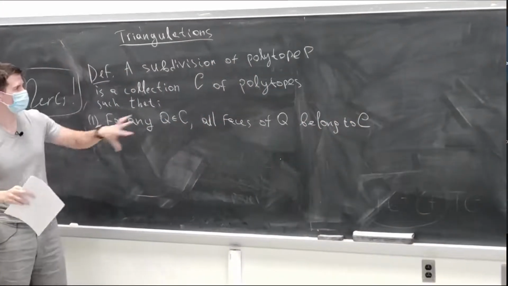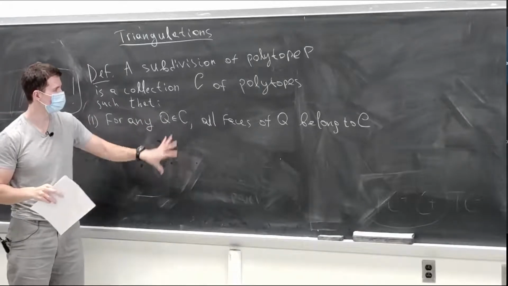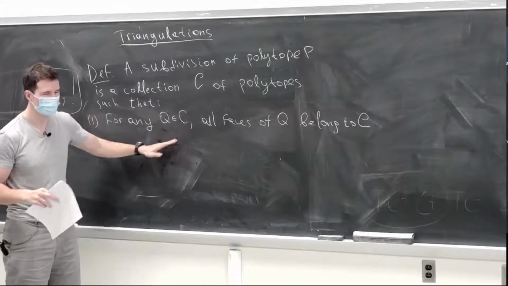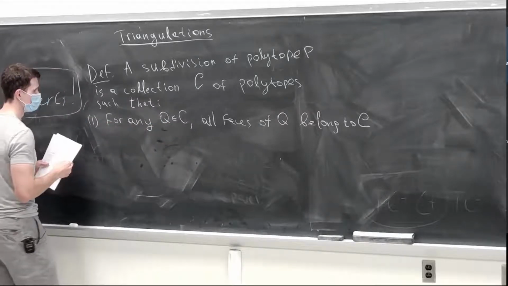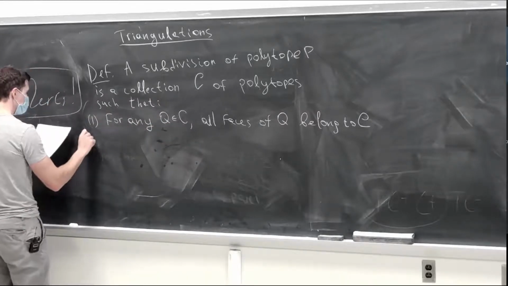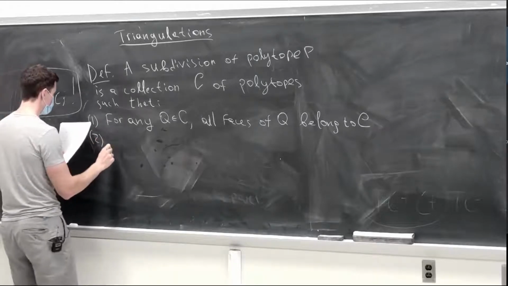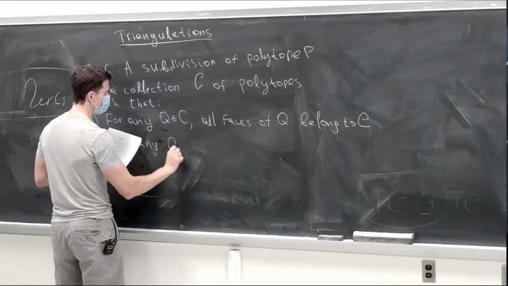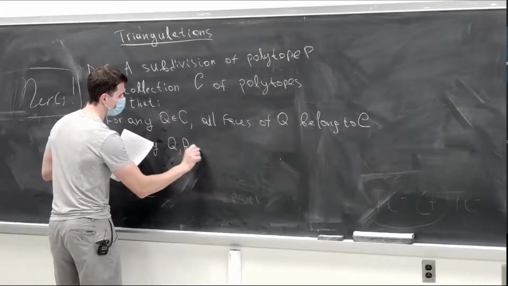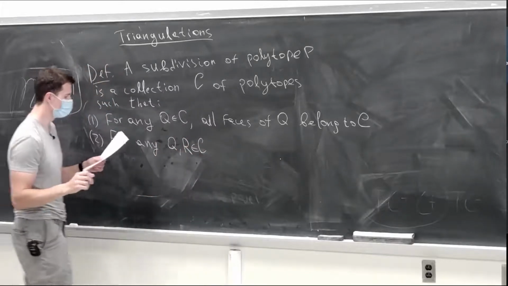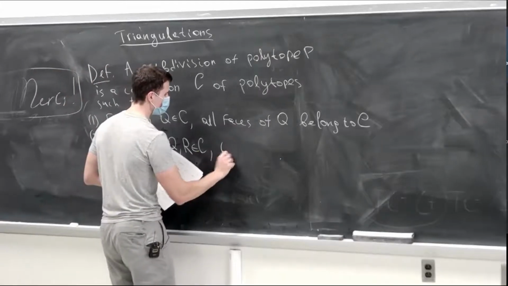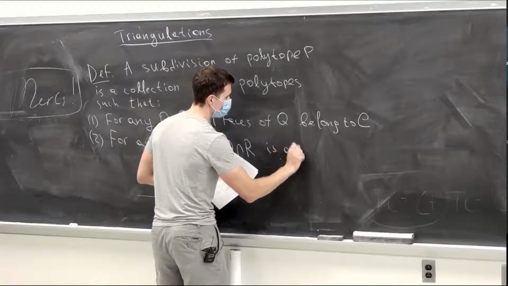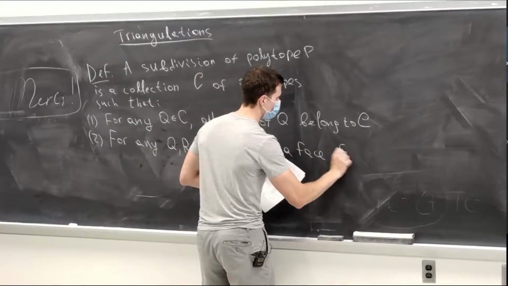So rather than trying to make things disjoint, I'm just asking that if you have some polytope, then all its faces should be contained in this collection as well. And then the second condition, that's the one you didn't guess: for any two polytopes Q and R, their intersection is a face of both.